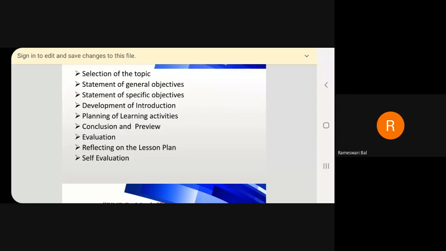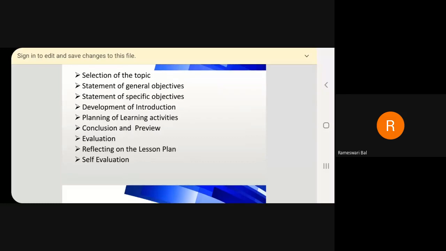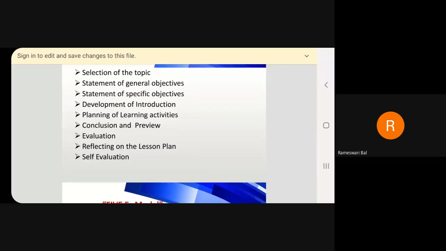Suppose I know that many methods are there, but I have to know which method is suitable for which content. Every content cannot be taught in every method. So on the basis of the content, I should think which method will be appropriate for it. And all topics cannot be taught in all methods.